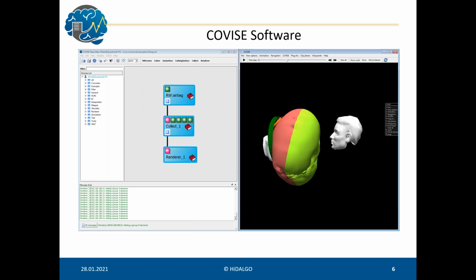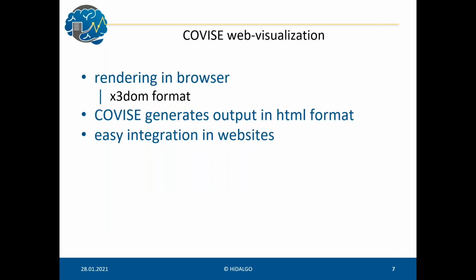And here we have some kind of different approach for the web visualization. So instead of this rendering on your PC on the screen, we implemented a module to save this visualization as an HTML file on your computer. How does it work? This HTML file allows us to do the rendering in the browser.